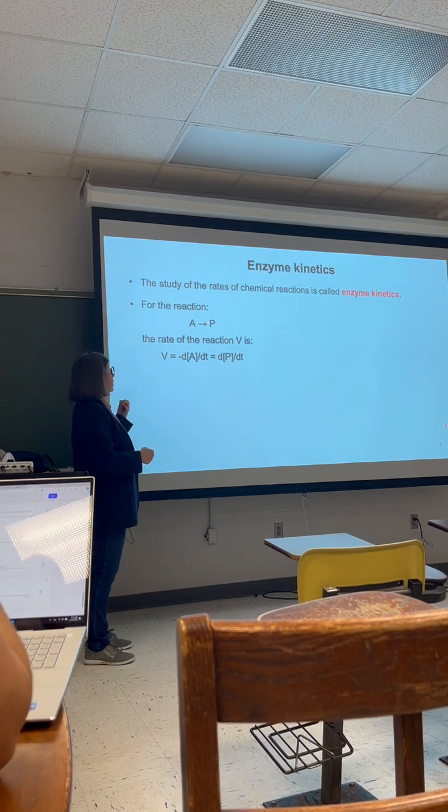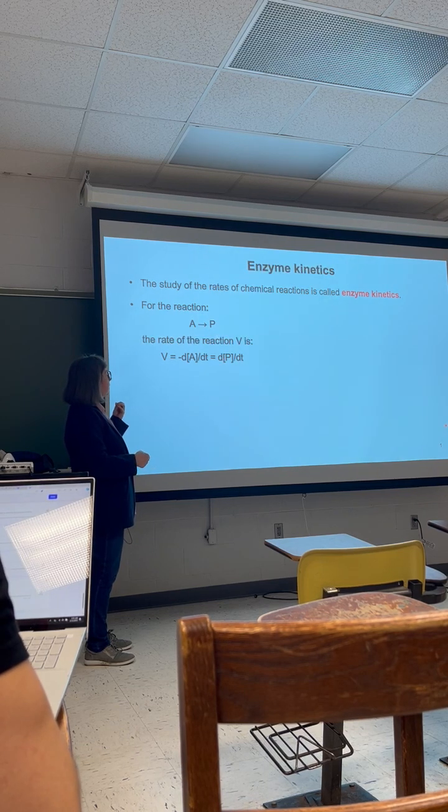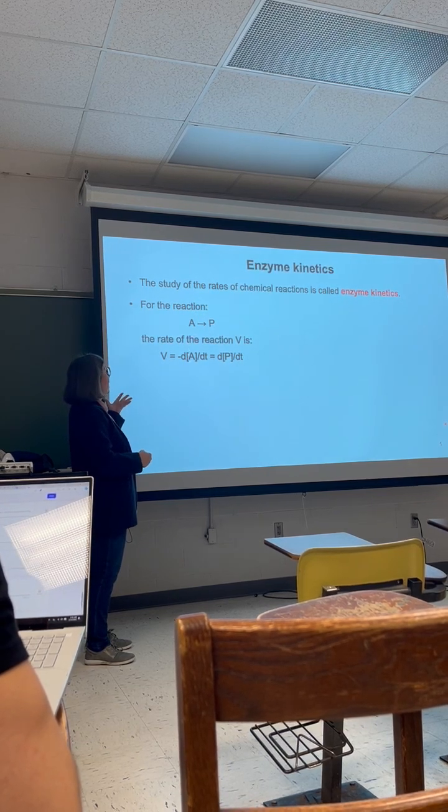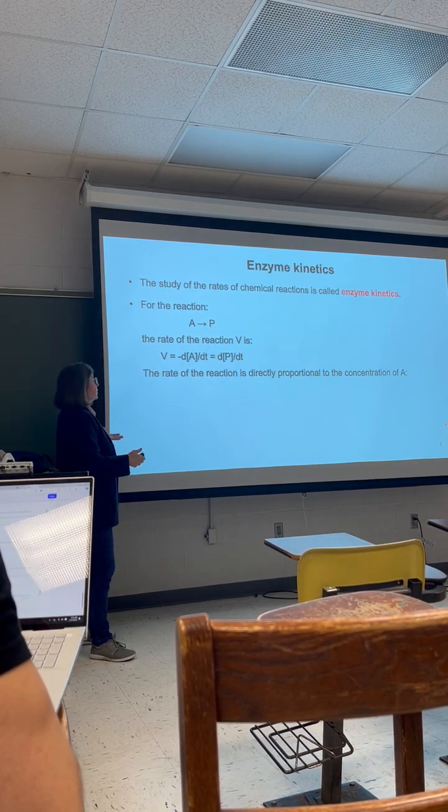So in other words, we're asking how fast is product showing up, or how fast is substrate A disappearing, right? This is why it is negative, because A is disappearing from your solution.